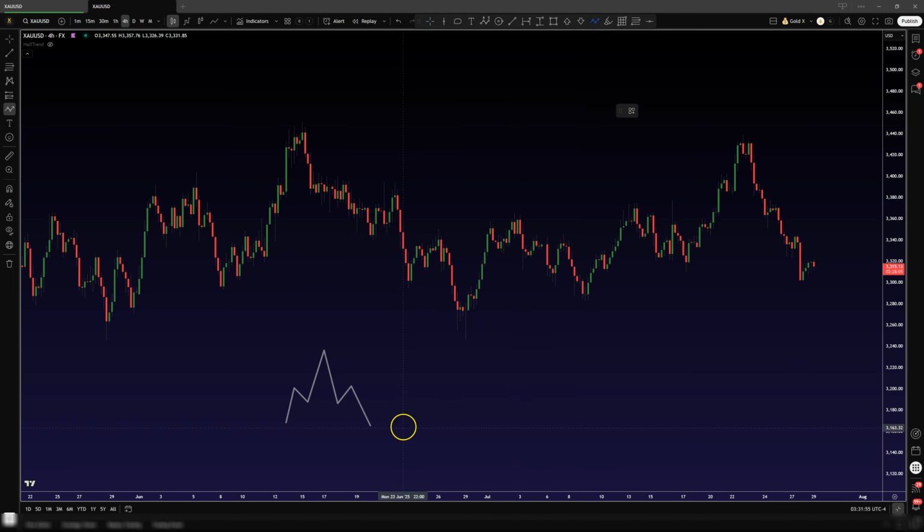Then we have the second part of the Head and Shoulder, which looks like this. When the second leg from this head here takes out this neckline, clearly takes it out like this, this is called a Quasimodo, the hunchback Quasimodo.